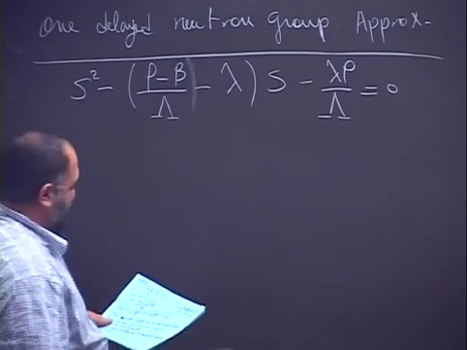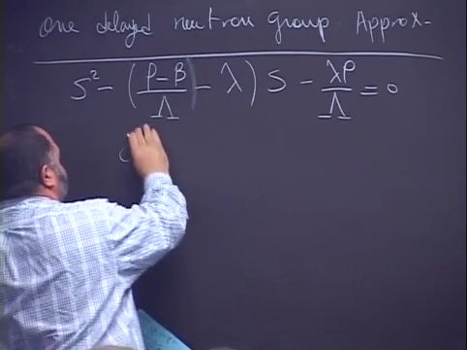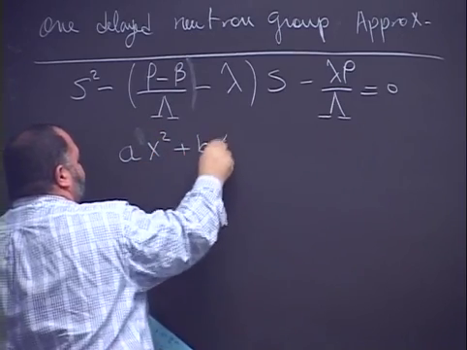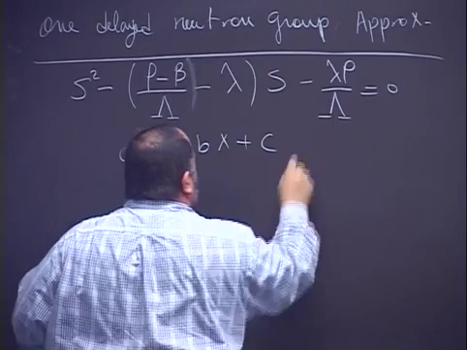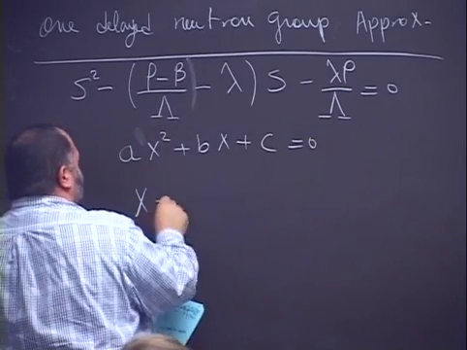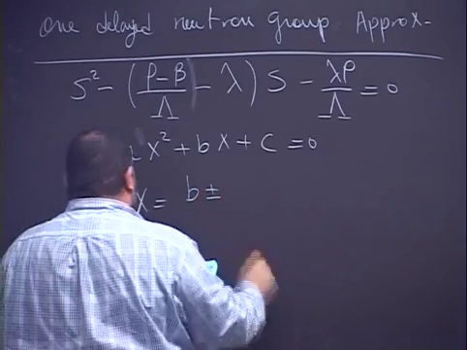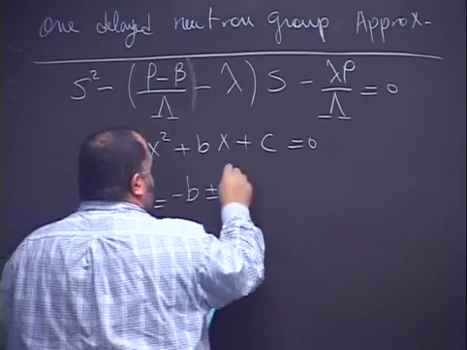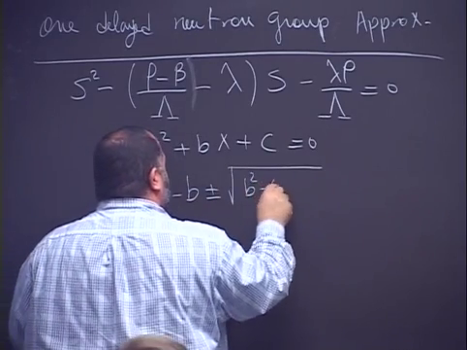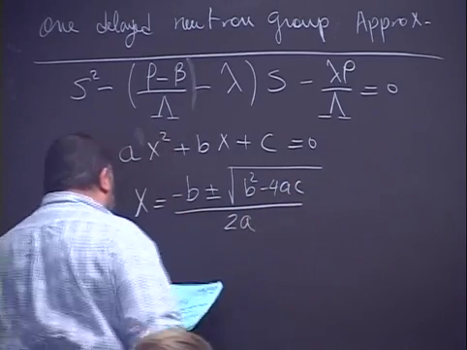Again, last time I told you that this is an algebraic equation of the form ax squared plus bx plus c equal to 0, and you will solve it using the well-known formula for solving the algebraic equation, which is minus b plus or minus the square root of b squared minus 4ac, all divided by 2a.